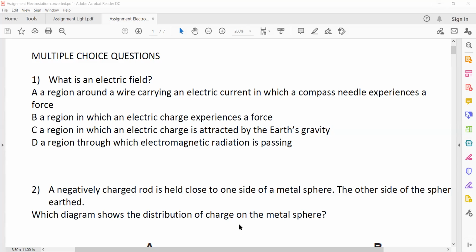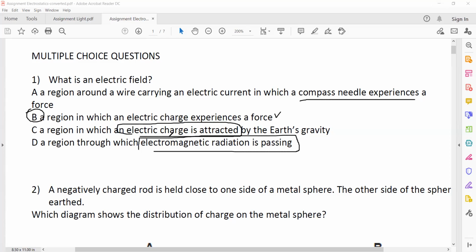Basically, it's a region where electric charges can experience force. A region around a current carrying conductor where a compass needle experiences force is called magnetic field. A region where charges are attracted by the earth's gravity is called a gravitational field, not electric field. A region where electromagnetic radiation can pass is called a medium. That is not called a field.